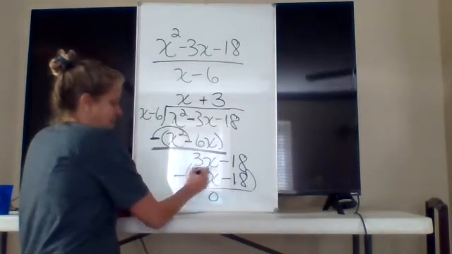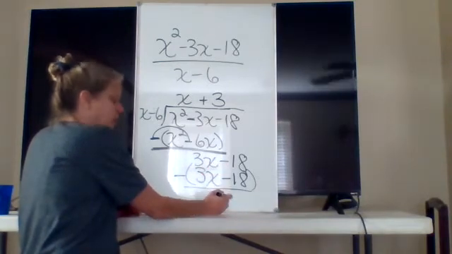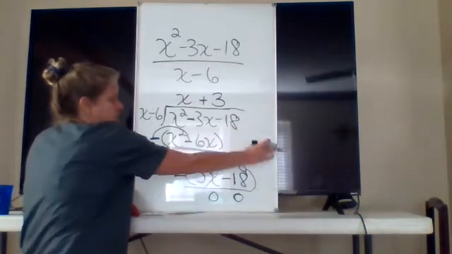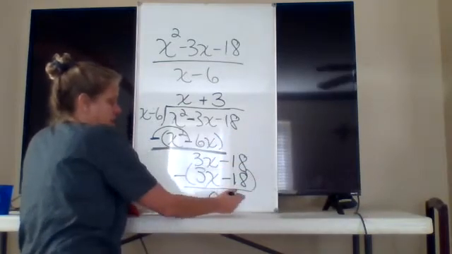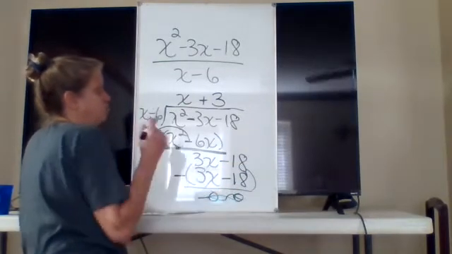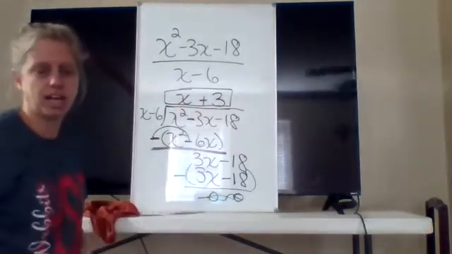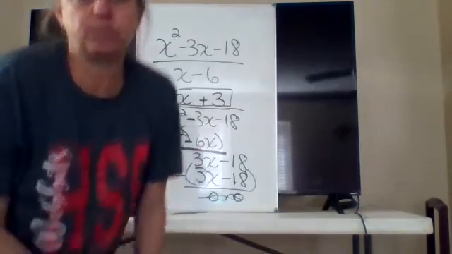Minus -18. So that really says -18 plus 18, which is also nothing, which means since there's nothing left to bring down, this right here is your remainder, which just means you don't have a remainder, which means x plus 3 is your answer.